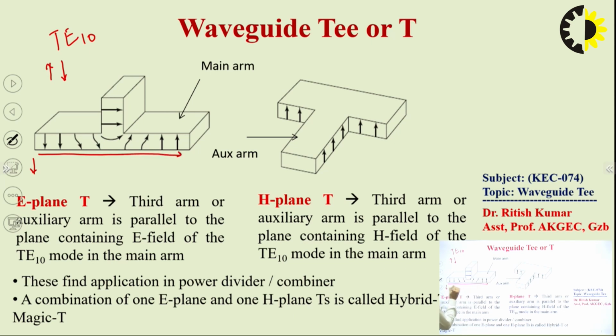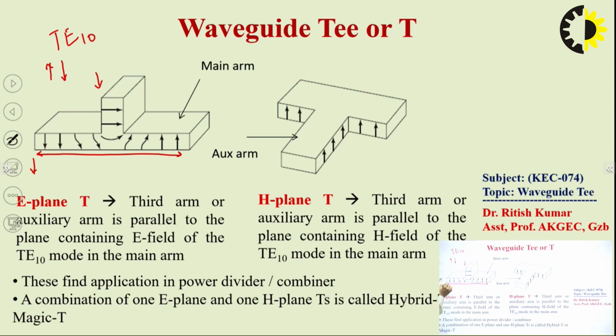This arm is known as the main arm or main waveguide, and something extra is attached to this main waveguide, that is a secondary waveguide, in other terms the auxiliary arm. How can we decide this one is an E-plane tee?